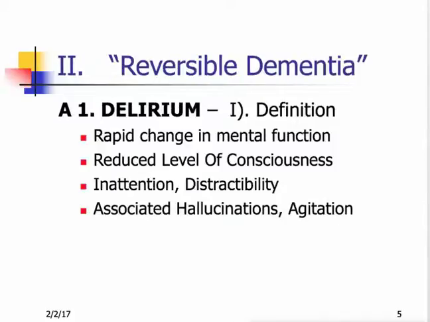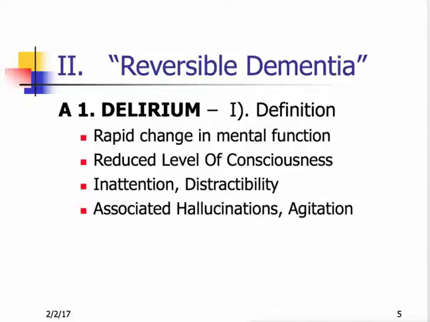So in terms of reversible dementias, delirium is very different than dementia in that it's usually a rapid and sudden onset. The person will display a reduced level of consciousness. They usually have a lot of difficulty attending to things, and they're easily distractible. They may have hallucinations, and they're often agitated.